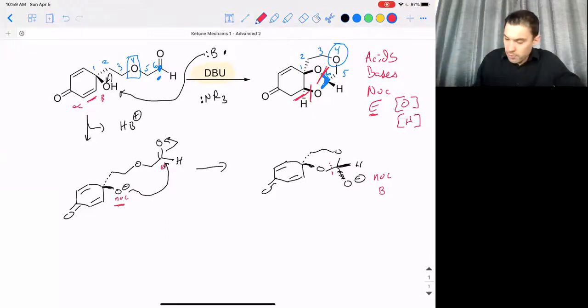In this case, it could be either, but we now have an electrophile dangling out over on this alpha beta unsaturated carbonyl.